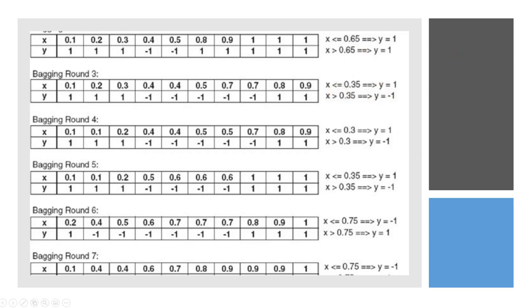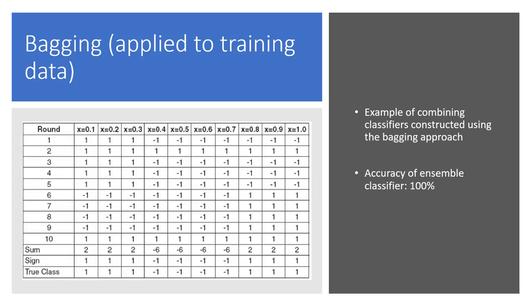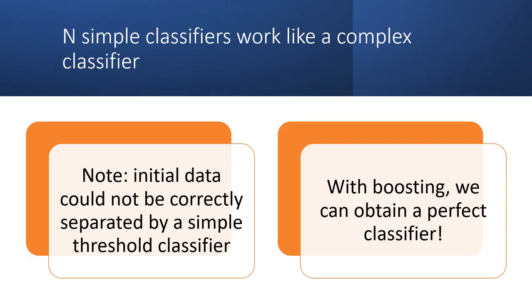And so if we have bagging applied to our data, here we have an example of combining classifiers being constructed using that bagging approach. And remember, once again, the really cool thing about this classifier is that we end up with 100% accuracy. If we have n simple classifiers, they're going to work like a complex classifier.